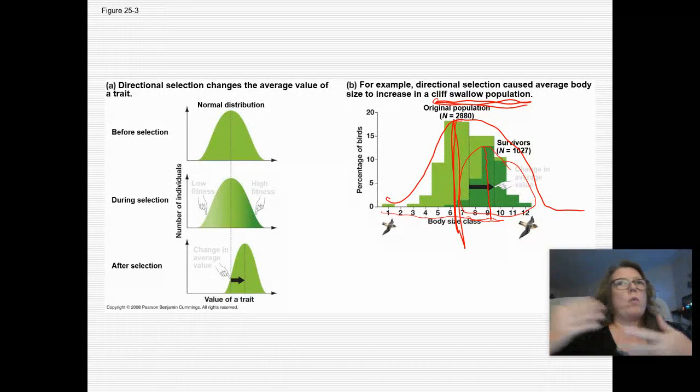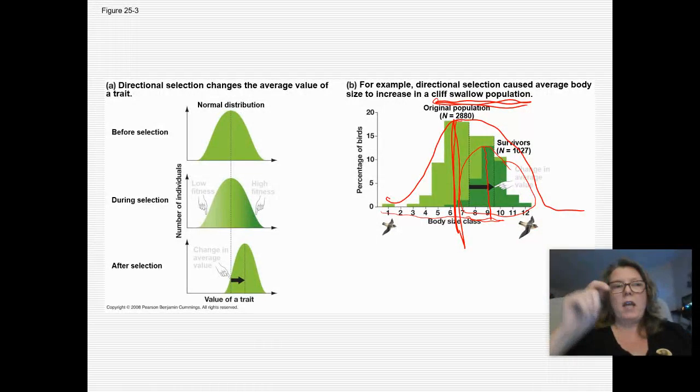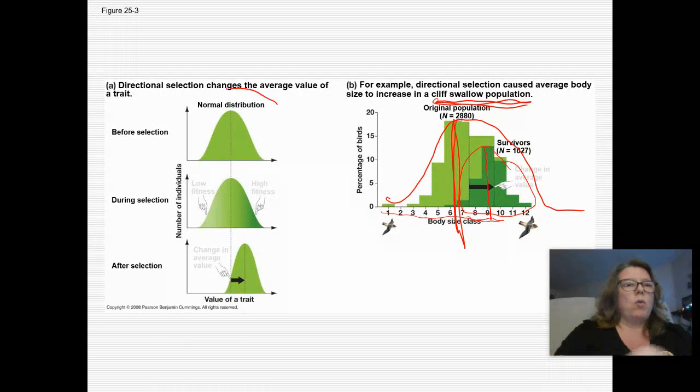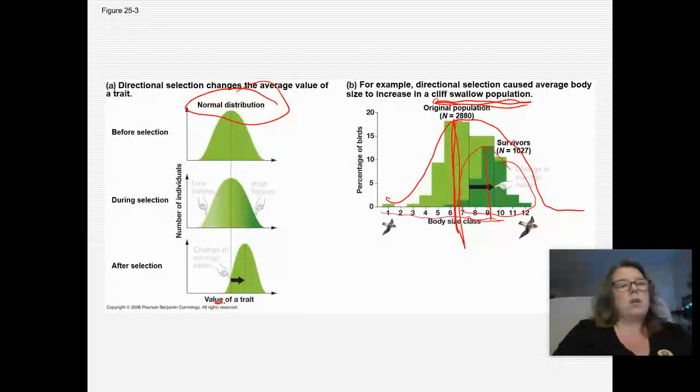Natural selection, for one reason or another, favors a particular phenotype or a particular class of phenotypes over another set. And what happens is you take this population that has what we call a normal distribution with a normal bell curve, right? And as we apply selection, notice the bell curve has shifted. The peak of that bell curve has shifted over.